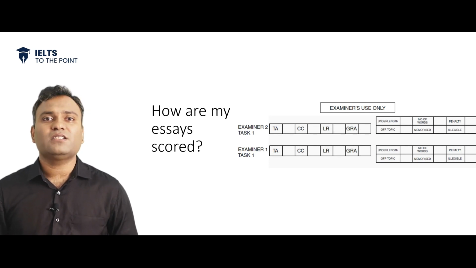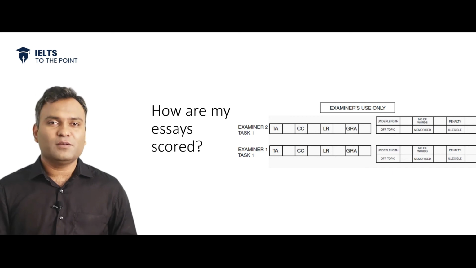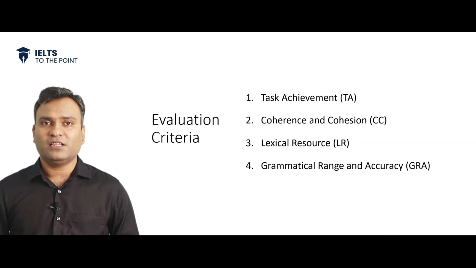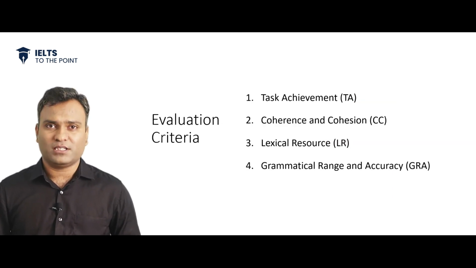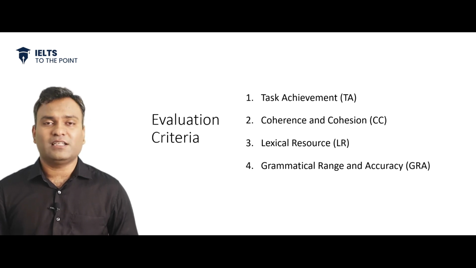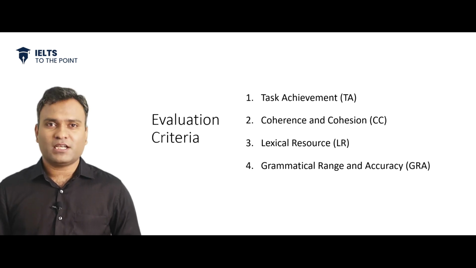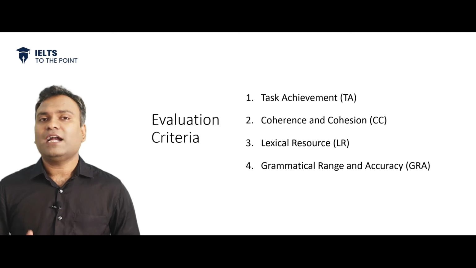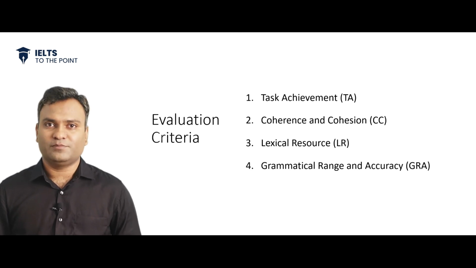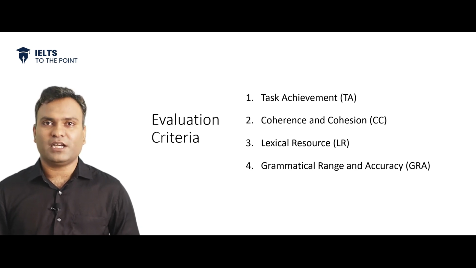Let's understand these one by one. Important evaluation criteria that you will see in these boxes are task achievement, that is TA, coherence and cohesion, that is CC, and lexical resource, that is LR. And lastly, grammatical range and accuracy, that is GRA. We will explore these one by one.